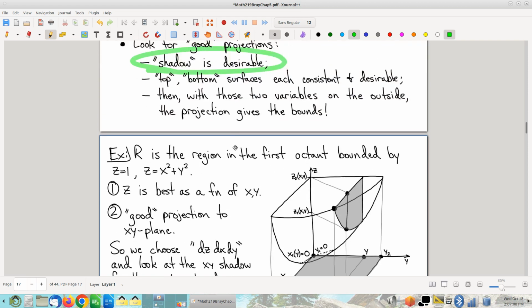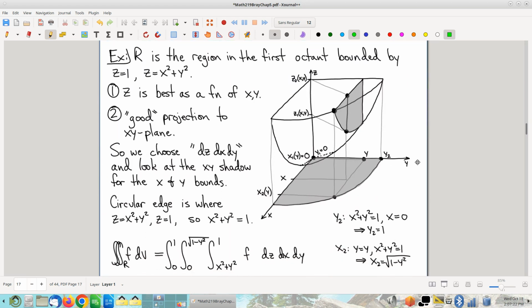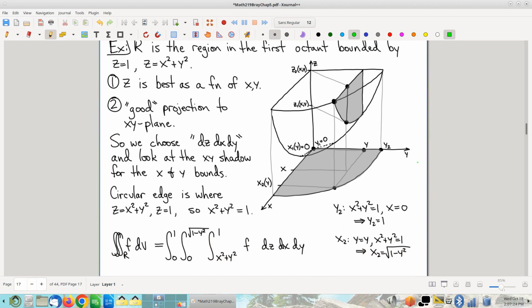Okay. All right. What do I mean by top and bottom surfaces, and what do I mean by them being consistent and desirable? Let me address that now. We're going to come down to here with my x and y on the outside.